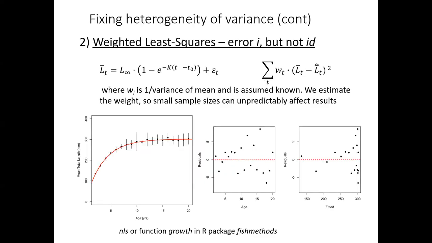The second thing you could do is what's known as weighted least squares. In this case, you're assuming that the errors are independent, but they're not identically distributed.